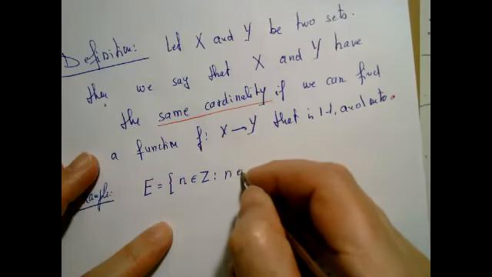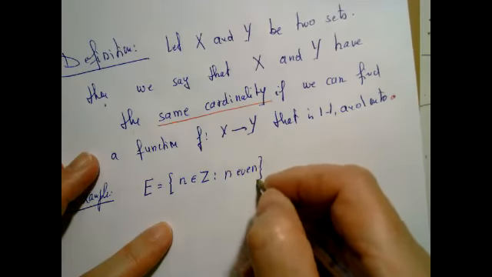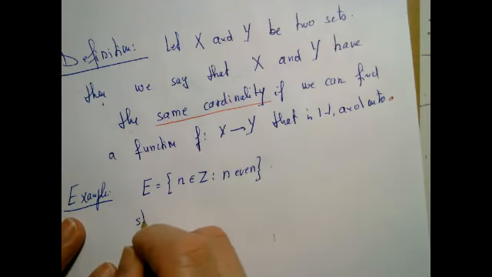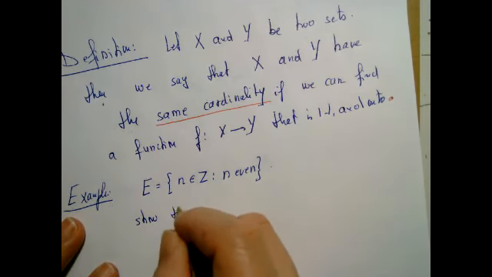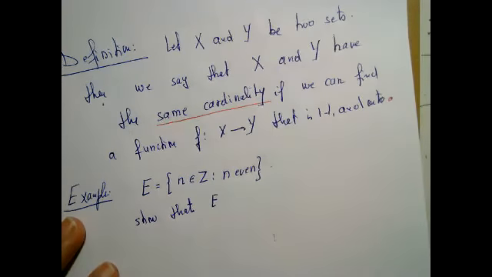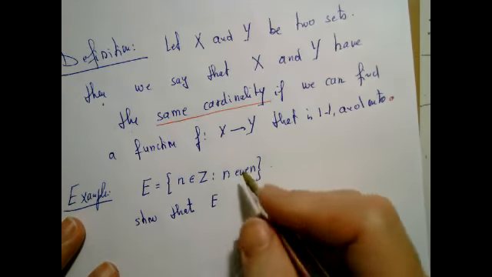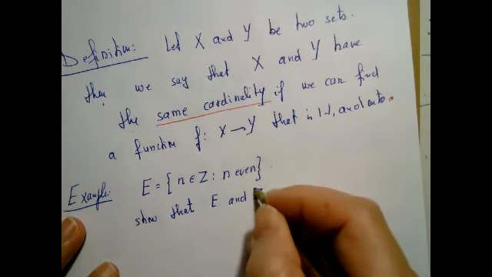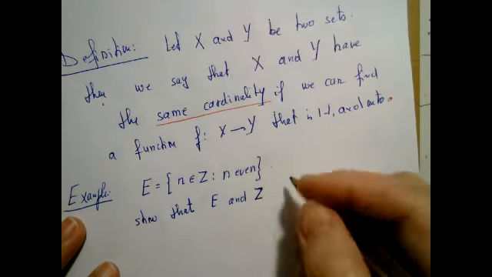So 0, plus or minus 2, plus or minus 4, and so on and so forth. Question is, show that E and Z have the same cardinality.